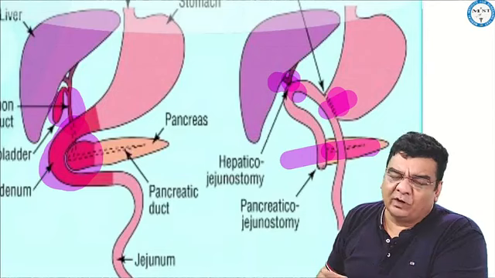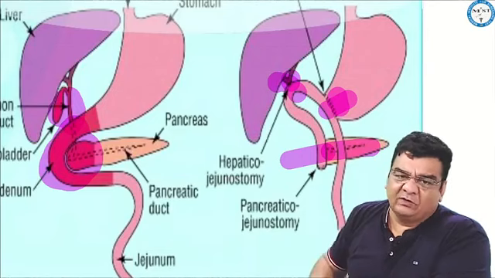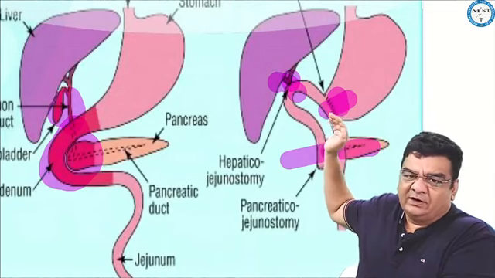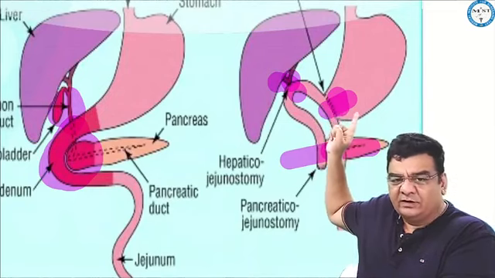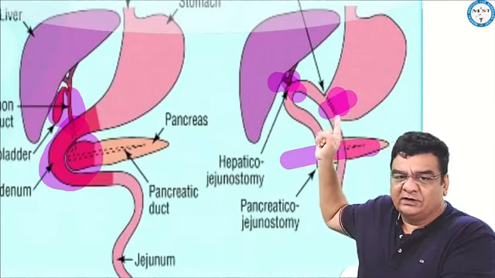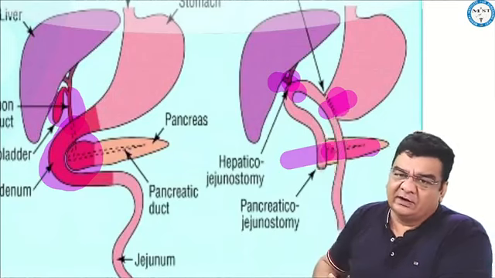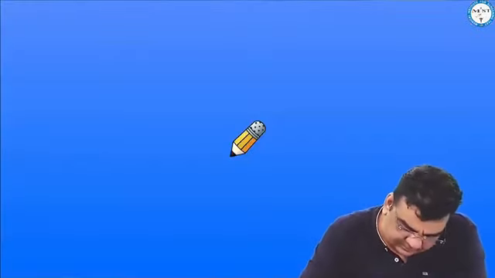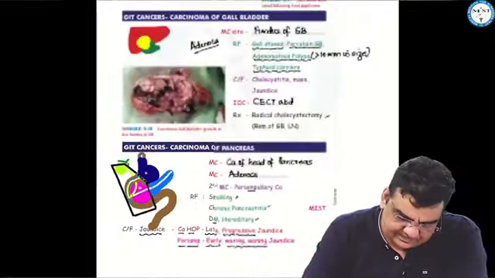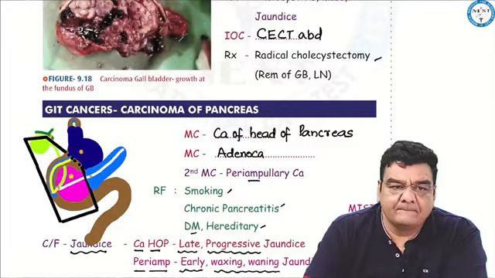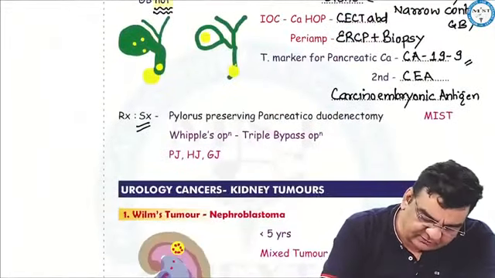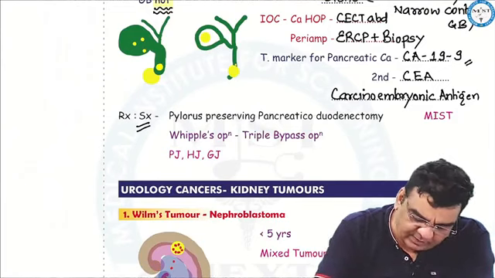Nowadays we are doing a little modification of this classical Whipple's. We are trying to preserve the pylorus also, and we are connecting the pylorus instead of the prepyloric region with the jejunum. That is called pylorus preserving pancreaticoduodenectomy.